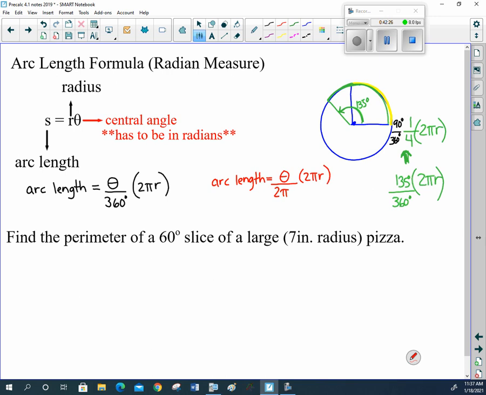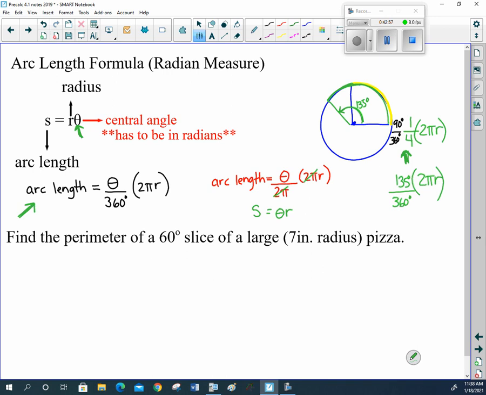And look what happens. The 2 pi and 2 pi drop out, and you're left with theta times r. So that's why in this formula, this center angle, if you're going to use S equals r times theta, and I have no idea why they use the letter S for arc length, I don't know the answer to that, but if you're going to use that formula, then this theta has to be in radians. You can't use degrees. If you want to do degrees, you have to do this formula over here.